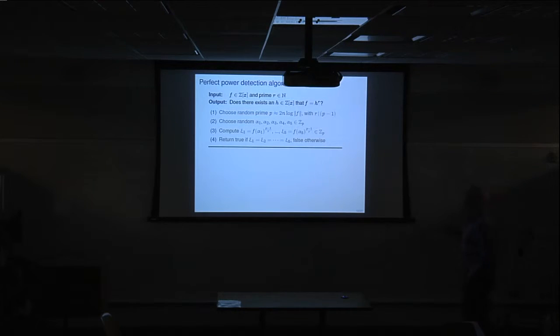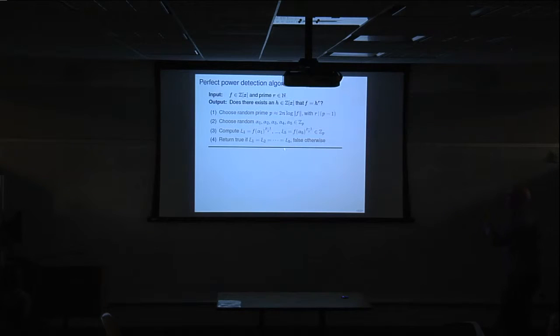But here's the algorithm that actually just detects if the h exists. You choose a random prime p, which is pretty small, and such that the r that we're trying to find divides p minus 1. And we choose 5 numbers in Z_p. 5 is not really important, but 5 works well because it makes the probabilities work out.